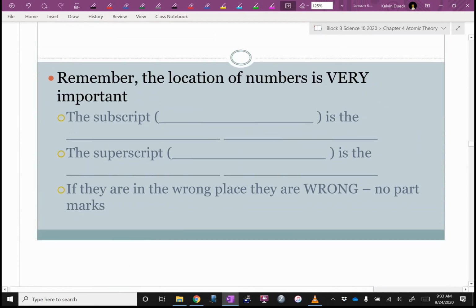So I wrote here, the location of numbers is very, very, very important. The subscript, which is the lower number, is the number of atoms.